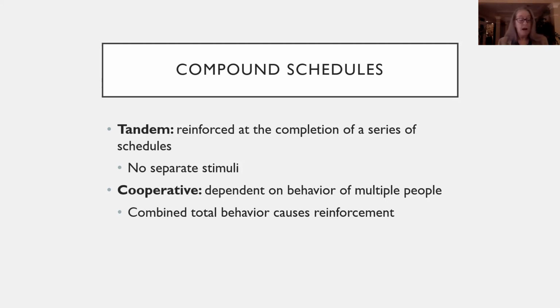So it might be that everyone's on an FR5 schedule, and until everyone makes their 5 responses, their 5 behaviors, then no one gets the reinforcer. And everyone will get the reinforcement once they all do it. So that's going to be your cooperative.